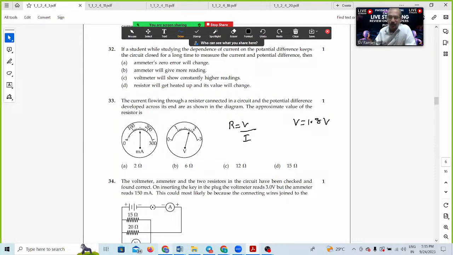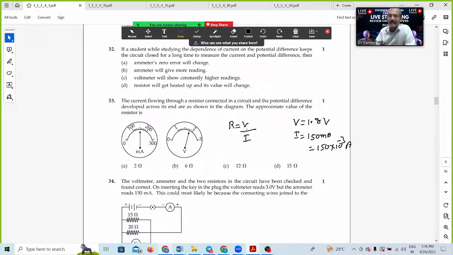Now coming to amperes, how much is the reading here? 150 milliampere. So the current I value is 150 milliampere, which means 150 into 10 to the power of minus 3 amperes, because we have to convert into amperes.